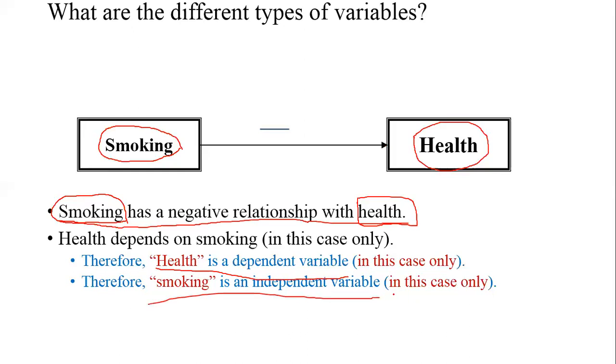I am insisting on "in this case" only because there might be a case in which smoking is a dependent variable or health is an independent variable. So you just have to look at the theoretical framework to understand what kind of variables these are.